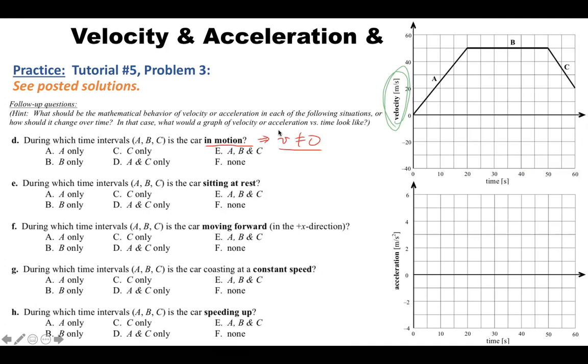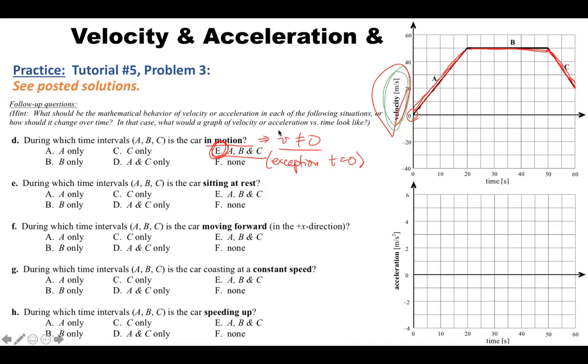And this is a graph of velocity. So it looks like it's never zero during C, it's never zero during B, and it's never zero during all of A except for the very, very beginning. So the closest answer here is E, with the exception of the moment when t is equal to zero, okay?